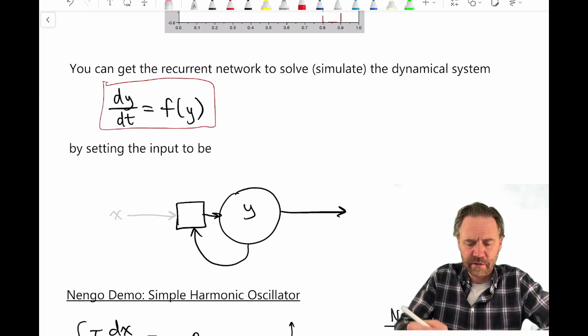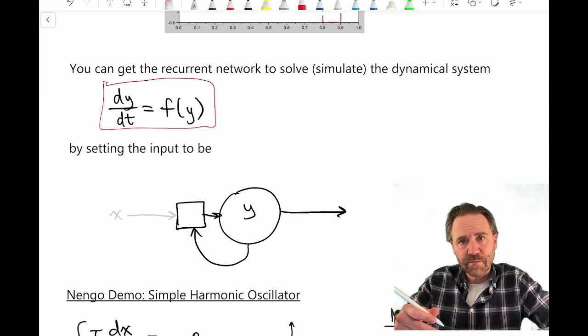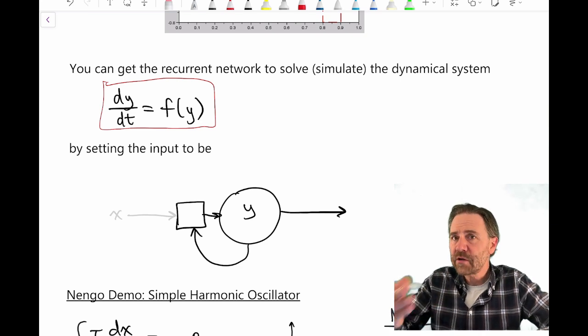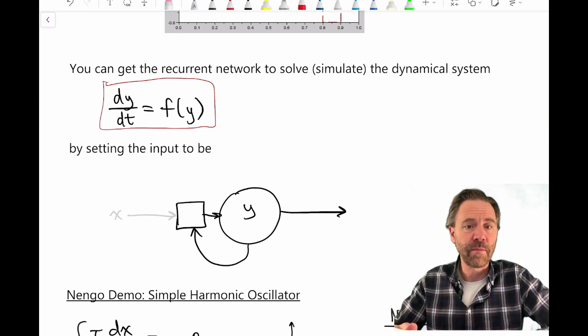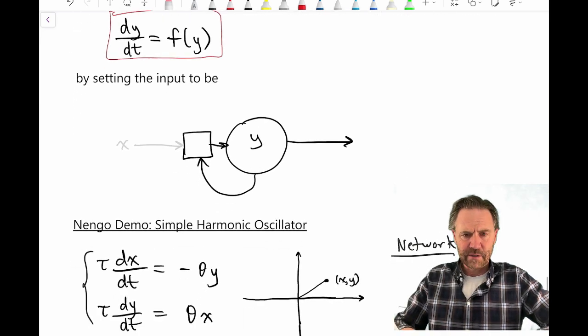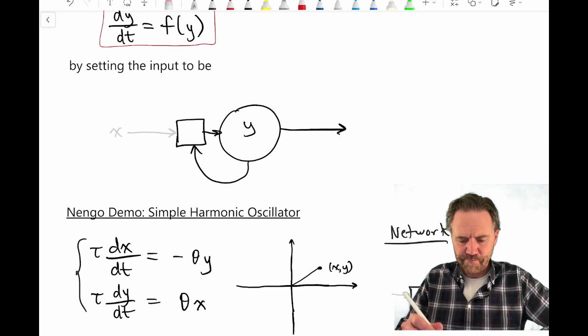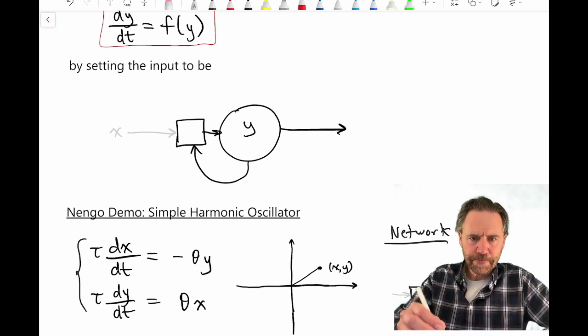If F of Y is equal to Y or something, it's going to be exponential growth, exponential decay if it's minus Y, these sorts of things. So these are lots of different dynamical systems that you can implement by just changing F. So again, looking at this little diagram of our recurrent population here.